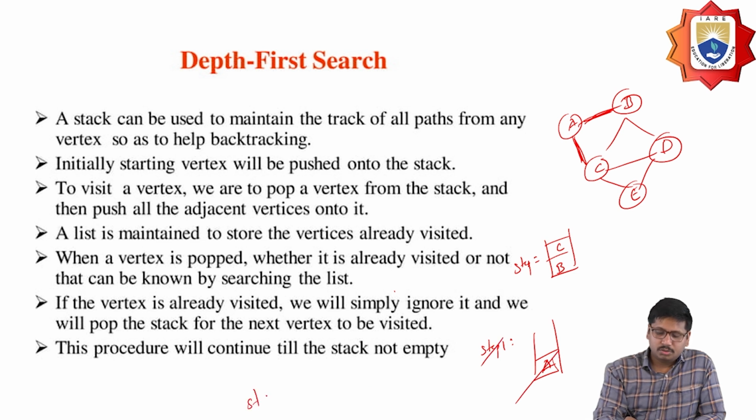So this B should be after A. And for B, what are the adjacent vertices? C and then D. So C is already there. So for C, what are the vertices that are adjacent? C is going to be popped out.